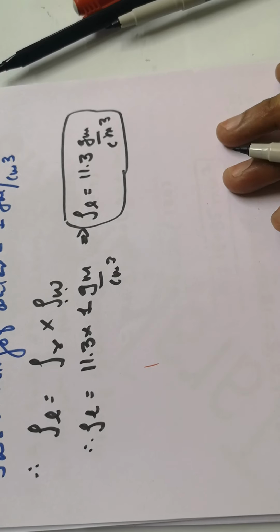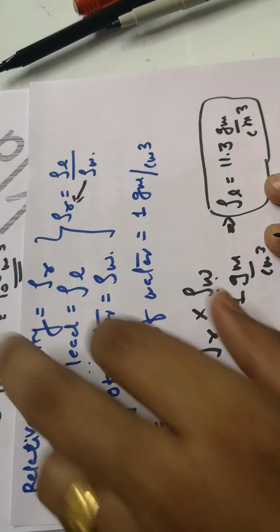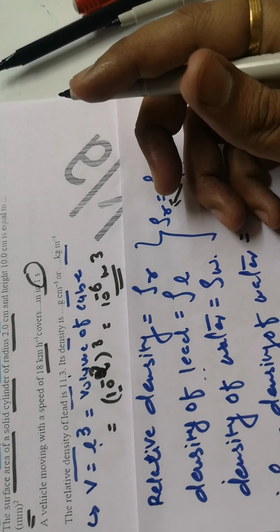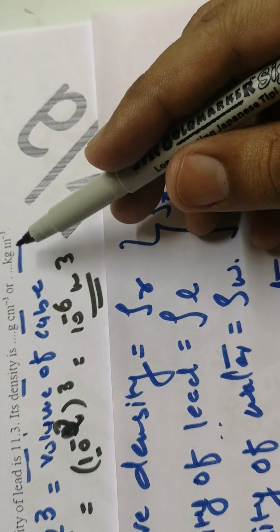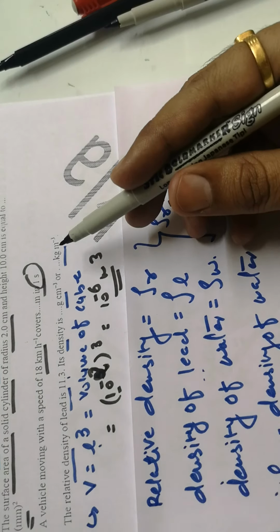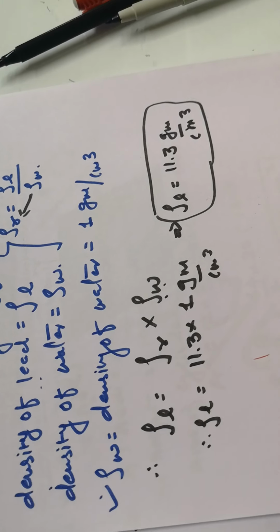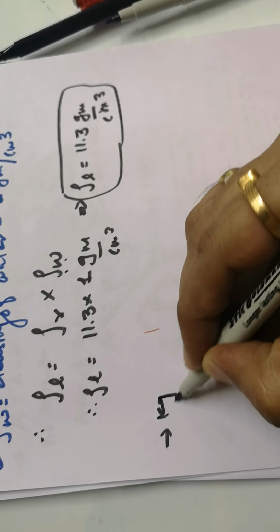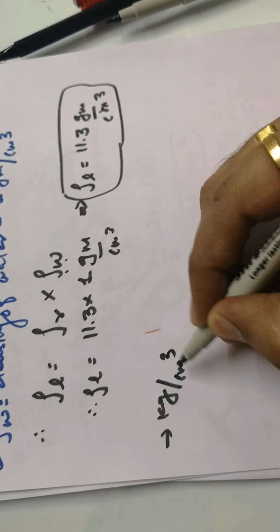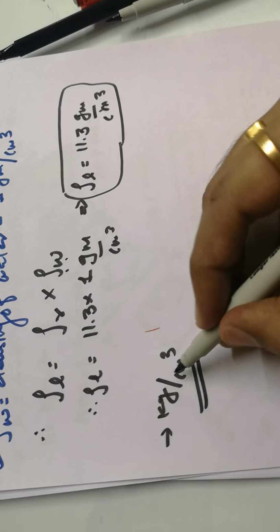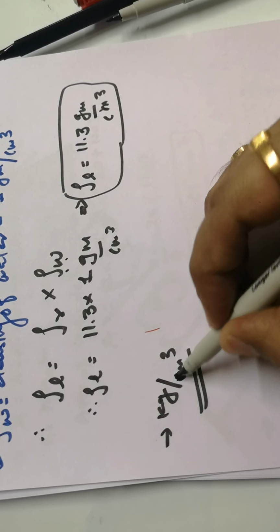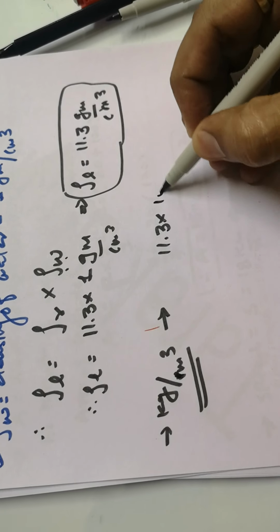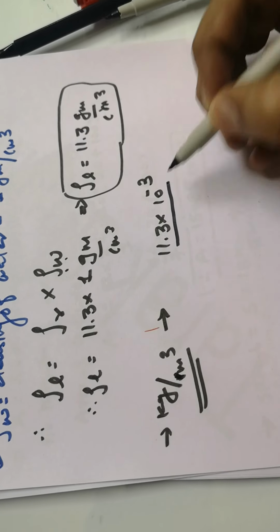Now I want my answer in terms of kilogram per meter cube, because they have also asked for that. So you can see that this is the kilogram per meter cube they have asked for. From the smaller to the larger unit I have to go. So to convert to kilogram per meter cube, I'm just doing that. 11.3 gram can be converted to 10 to the power minus 3.